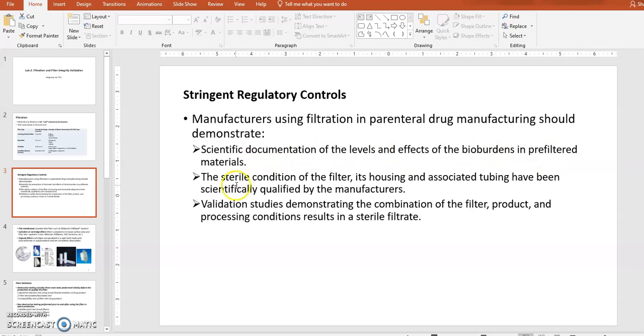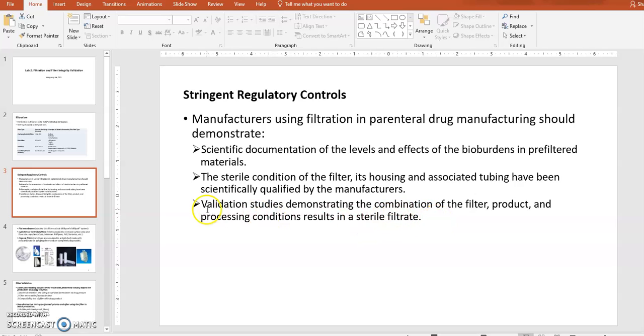And then the sterile conditions of the filter itself, its housing, and associated tubing have been scientifically qualified by the manufacturer. It's not the vendor who's selling those, it's the manufacturer of the drug who has the responsibility for the quality and the condition of those you're using.